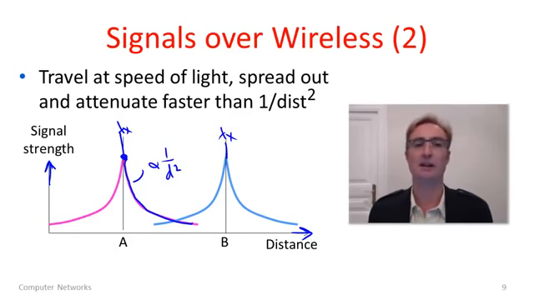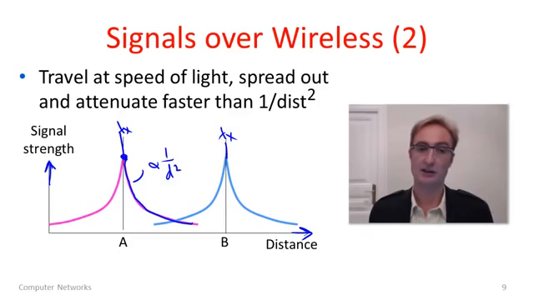You might wonder where that 1 on distance squared comes from. Well, it's physics. If you think about the formula for the surface area of a sphere, as a signal expands over a volume of space, that sphere has a surface area of 4 pi r squared. So the area of the sphere is increasing as the radius squared.